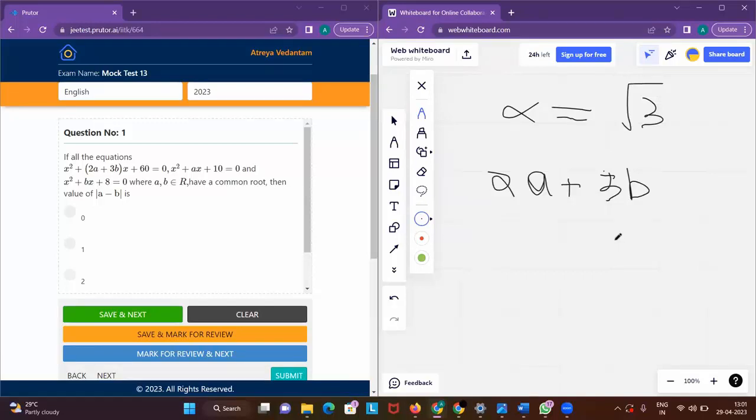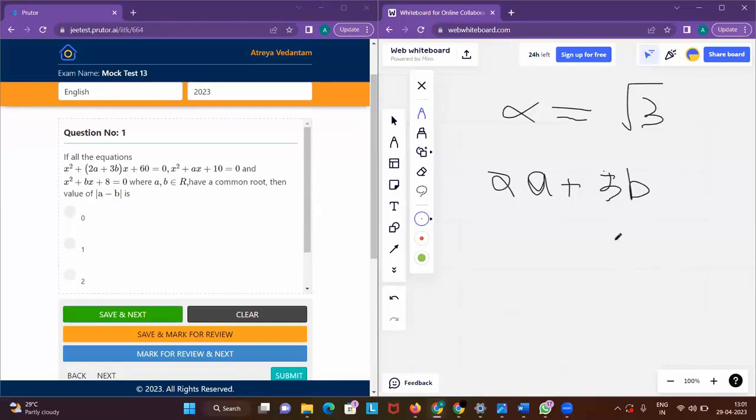If we substitute in the third equation, we get 3 plus square root of 3 b plus 8 is 0, which means b is equal to minus 11 by square root of 3. Let us see if this is consistent with what we observe.